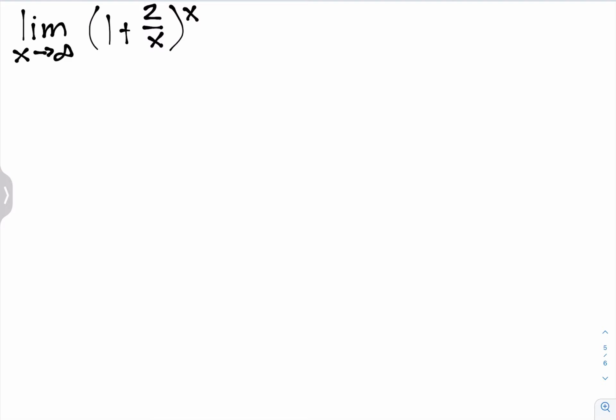So let's just see here. What if we were to put in some big numbers for x? Let's say we did 1 plus, I don't know, 2 over 1,000. So let's say our x was 1,000, raised to the power of 1,000. So we're going to get 7.37 when x is 1,000.